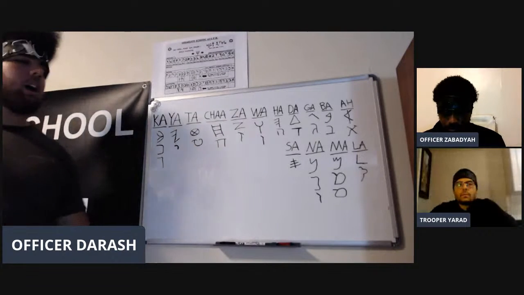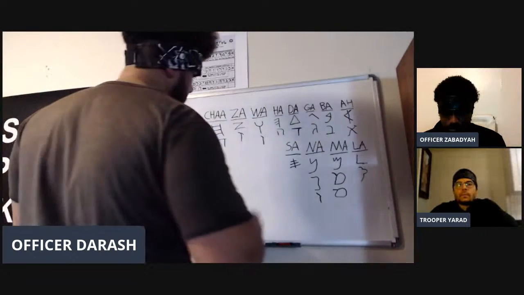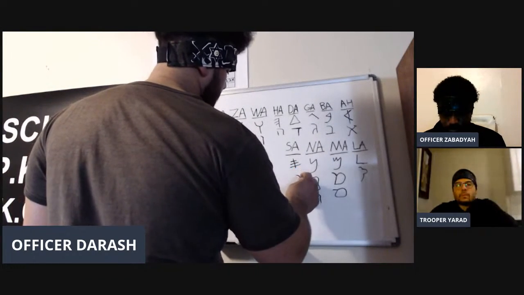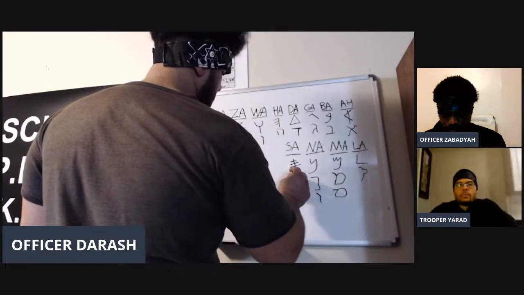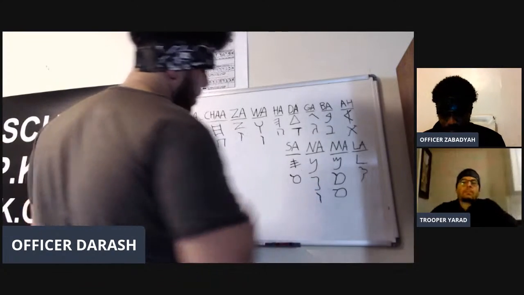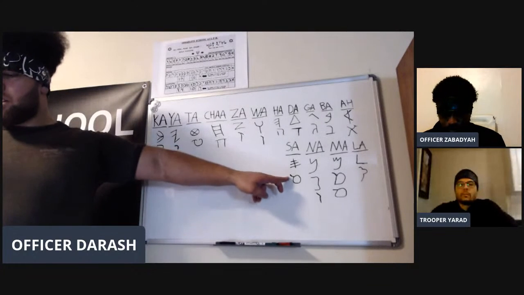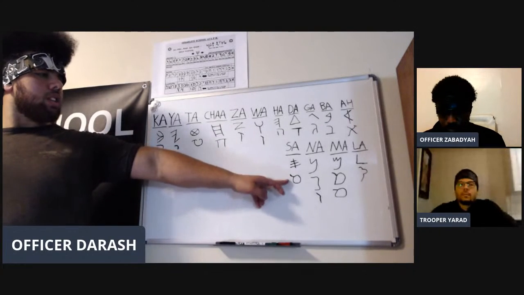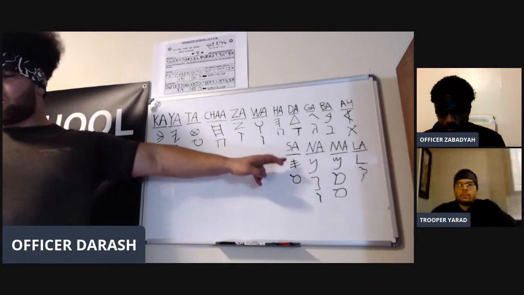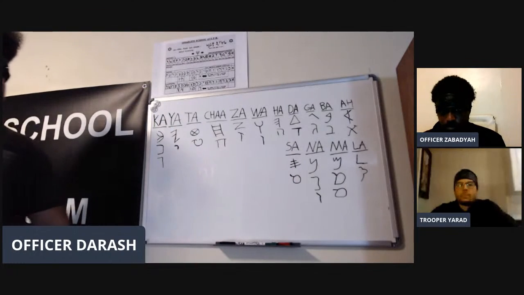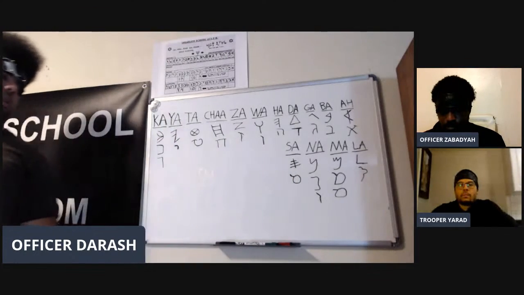It looks like an O with a little horn sticking out the left side. That's Assyrian. Sawad.